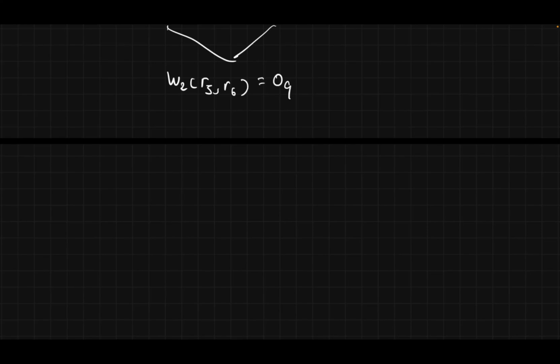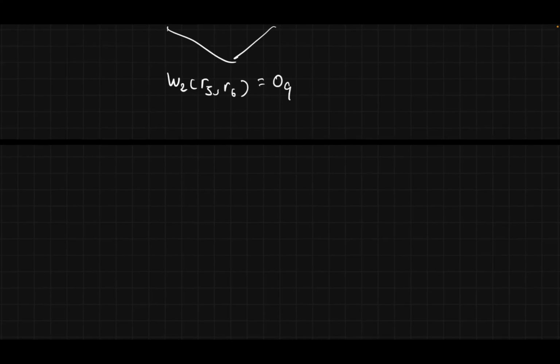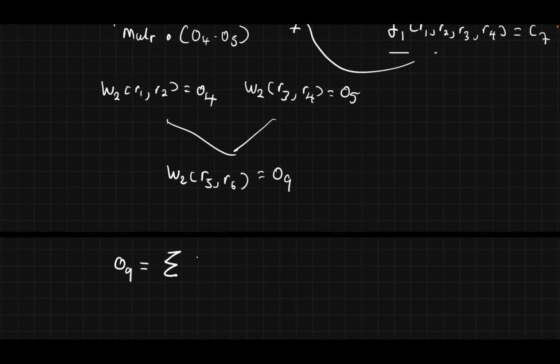Okay. So this W2 of R5, R6, we have merged it, right? So we got one thing. Now this 0, 9 is a claimed sum. So 0, 9 is supposed to be equal to the summation of... I want to write it. You shared this also? Yes, I shared the last one, so I'll share this one.